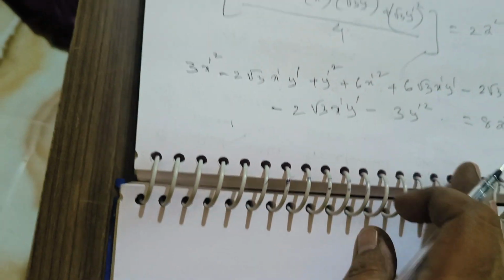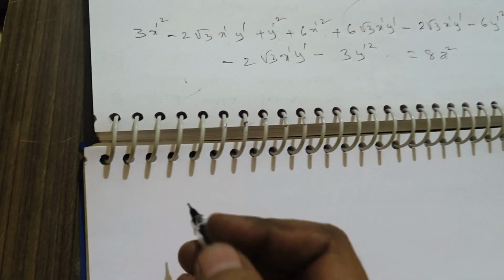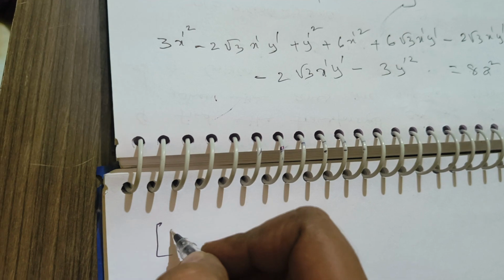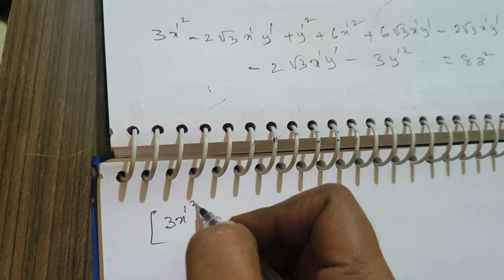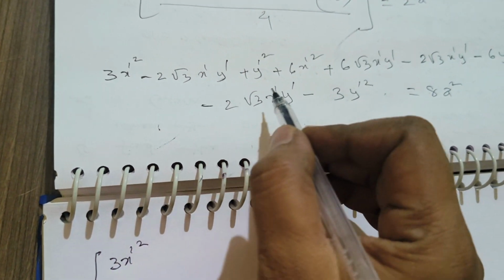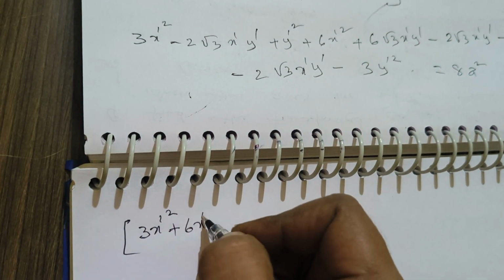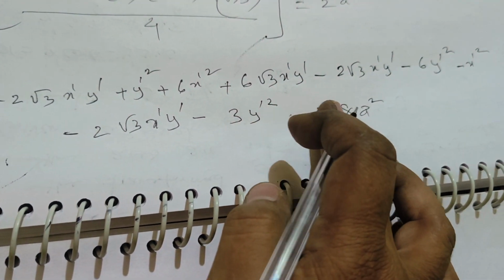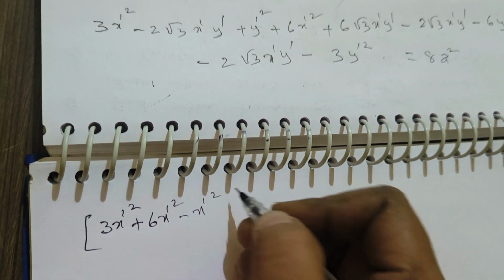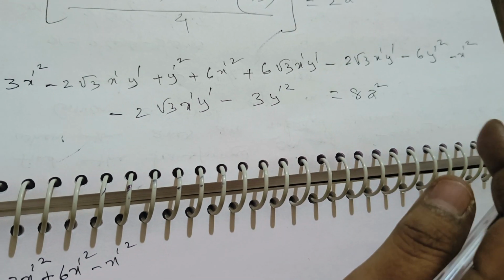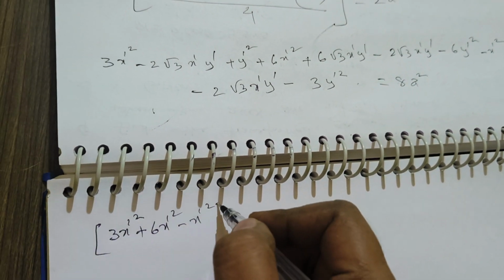First we will write the x dash square terms: 3 x dash square, plus 6 x dash square, and next minus x dash square. Now it is finished.